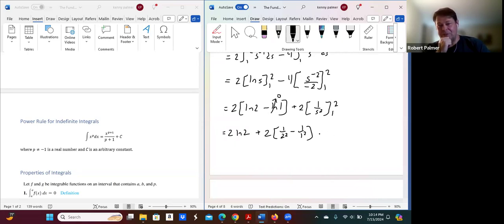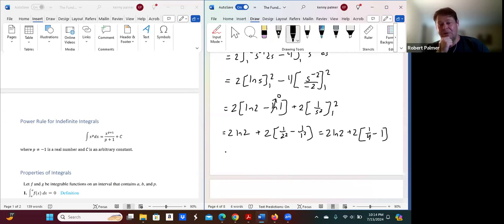And we're almost out of space. I'm just going to combine this into 1. So 2 times the natural log of 2 plus 2 times 1/4 minus 1, where 1 over 1 squared is 1. And so 1/4 minus 1 is -3/4.